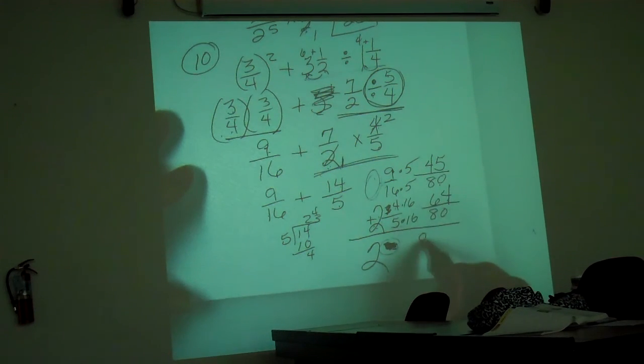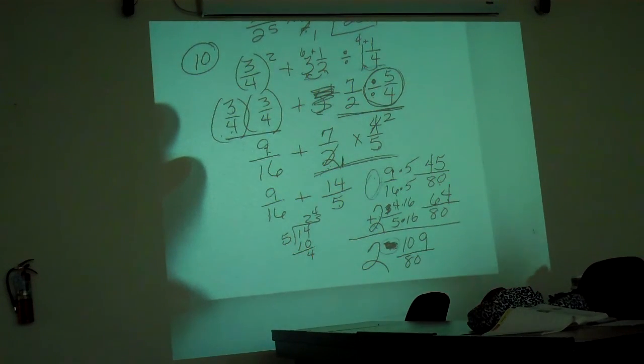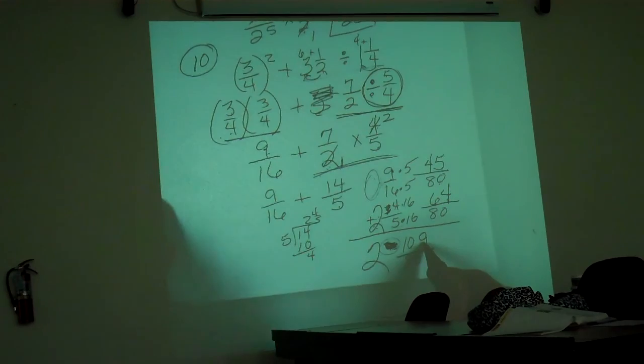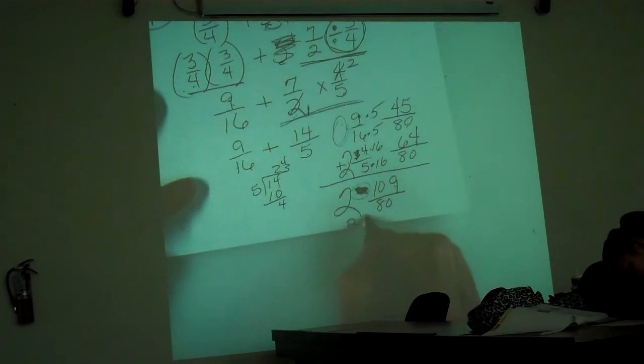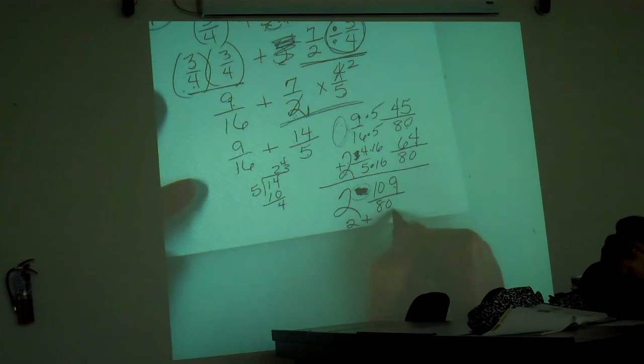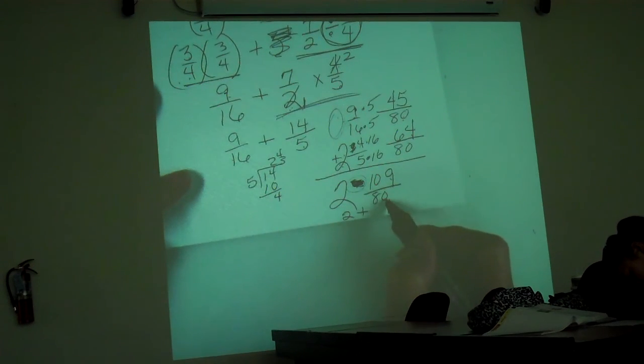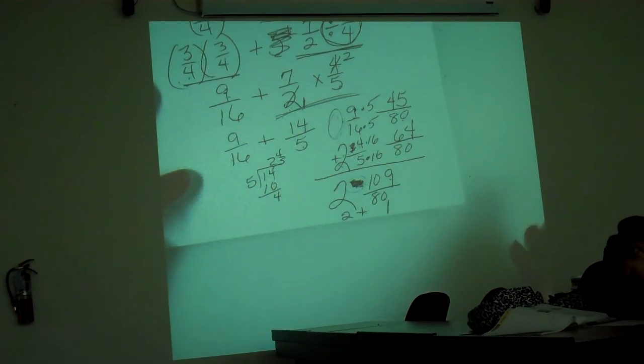5 plus 4 is 9. 4 plus 6 is 10. And we have our 80 on the bottom. 80 will go into 109 one time. So you have 2 plus 1. After it goes one time, how many are left over? 29.